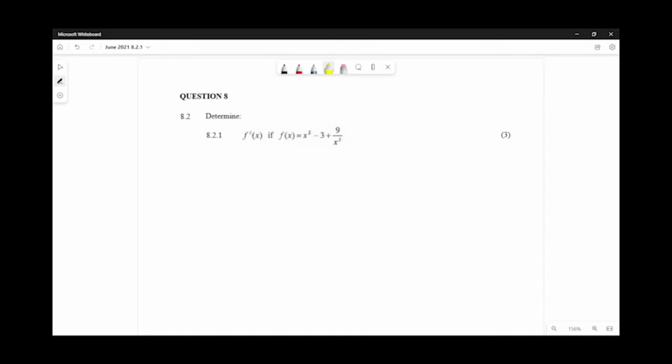You have to say, all right, you gave me f of x, which is x squared minus 3 plus 9 over x squared, and I will find f prime x. You shouldn't change it to dy dx or dx, just keep it the way it is.